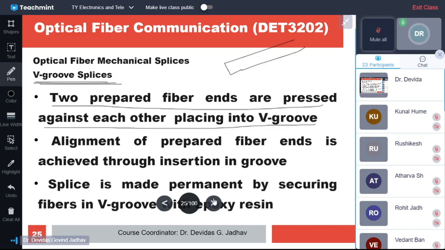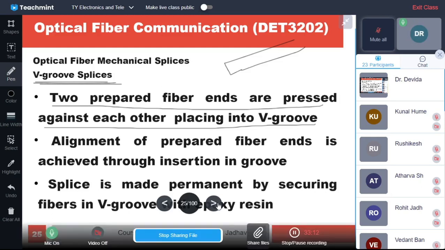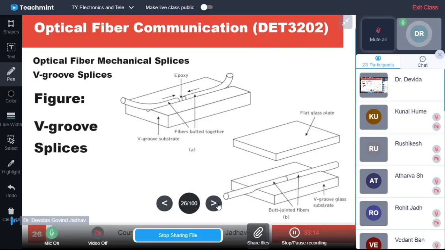That's why the medium from the core of one fiber to the core of the next fiber is continuous due to the epoxy resin. There is no air gap in between. That is called index matching.